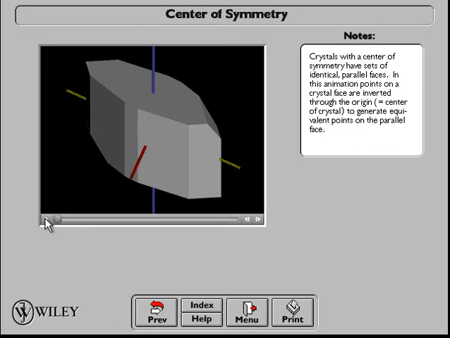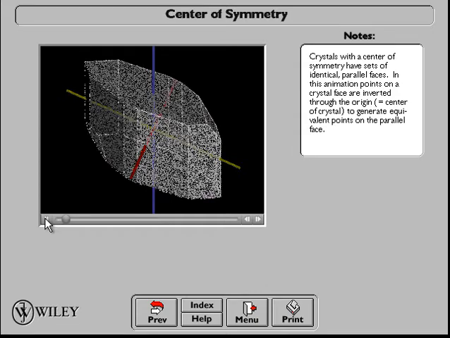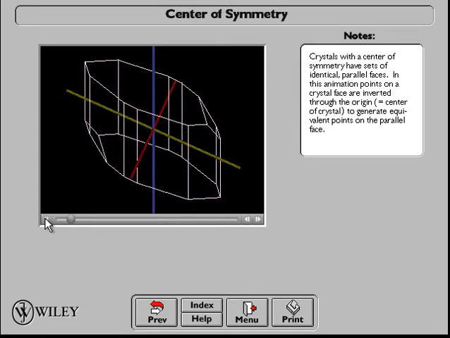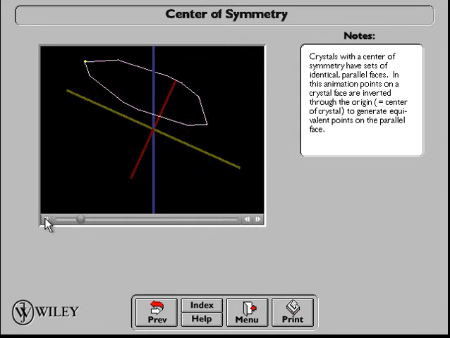Let us just do this. So here we have this phase. Here we have the crystal center, the symmetry center. Now we are going point by point through the center of symmetry to the other side.